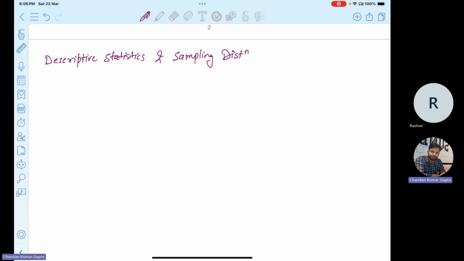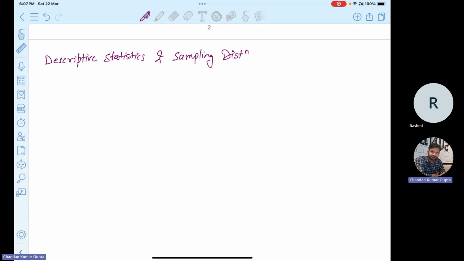Although it is quite a large topic, we will just touch the concepts related to these topics and solve some numericals based on them. In descriptive statistics, we are going to discuss different kinds of data, frequency tables, graphical presentations of data, central tendencies, variability measures, skewness coefficients, and kurtosis.